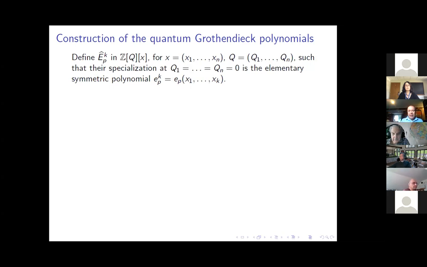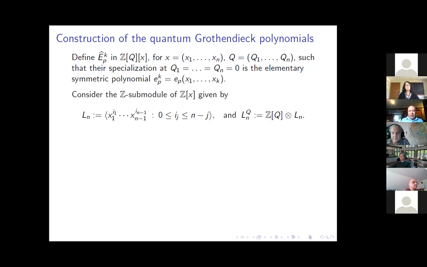This is a rather complicated definition of these polynomials. But once you have them, you consider this space in the polynomial algebra over Z. You consider this subspace spanned by so-called staircase monomials, monomials where the exponents fit inside the staircase shape. And you consider the tensor product of this with the Q coefficients. So this is some space L_Q.